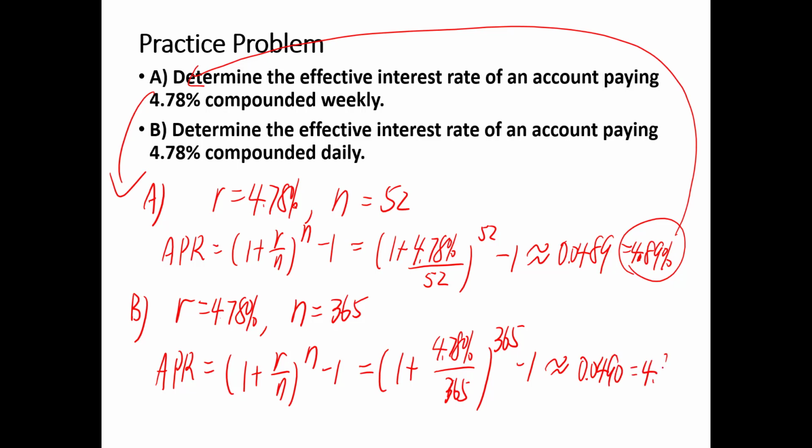So it's 4.90%, compounded daily, with the same nominal interest rate.